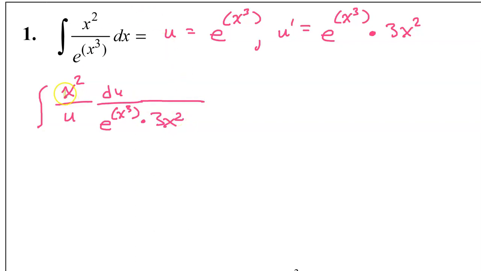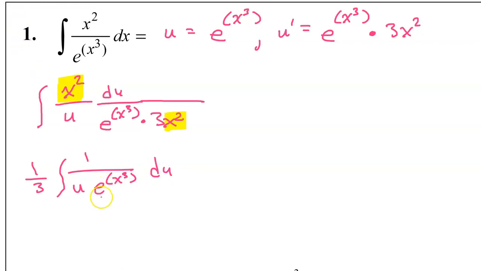We see that we have x squared in the numerator and in the denominator. These will cancel each other out. However, the 3 in the denominator can be brought out to the front as a 1/3. So far, we have 1 over u e to the x cubed power du.